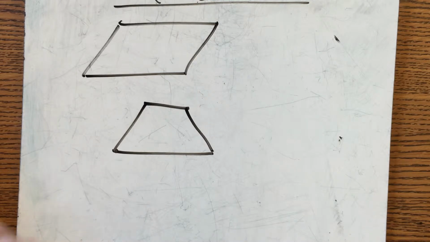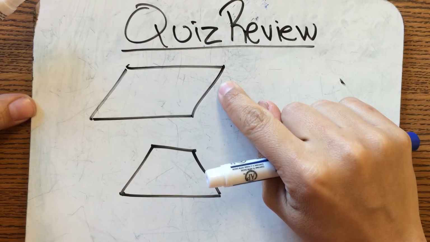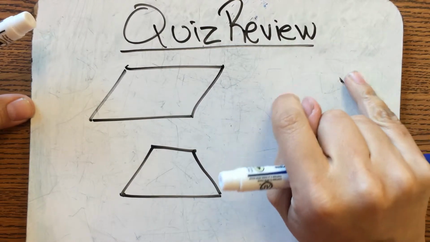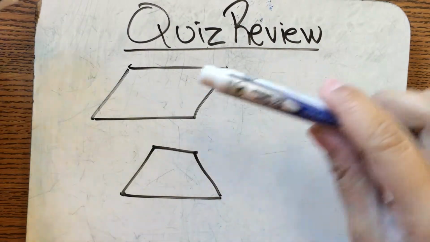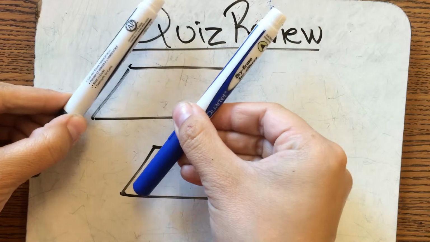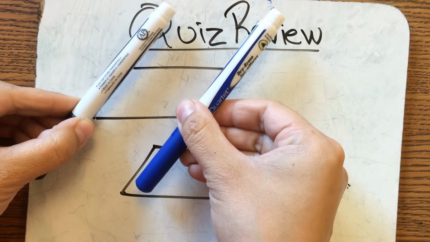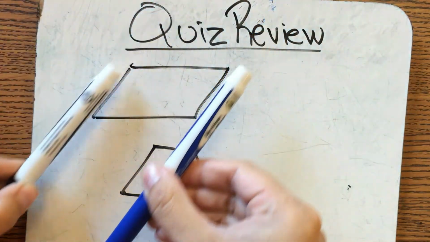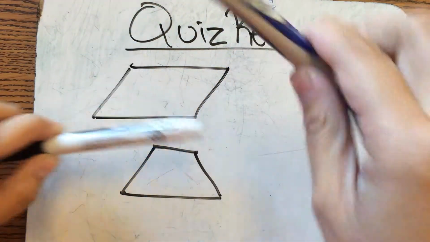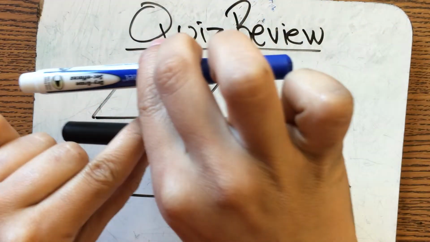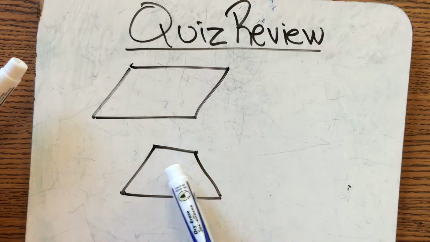The reason they're different: a parallelogram, as it says in its name, parallel, all the sides are parallel in a parallelogram. These two sides are parallel. They're never going to run into each other if they keep on going forever. These two sides are parallel. They're never going to run into each other if they keep on going forever. A trapezoid is different.